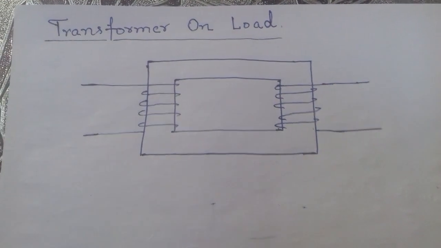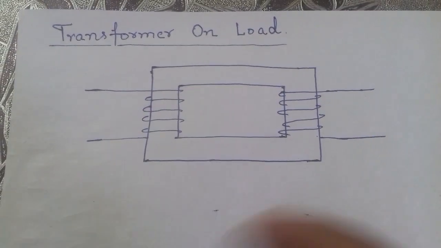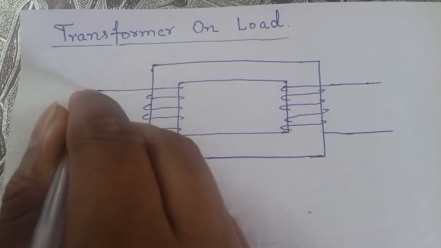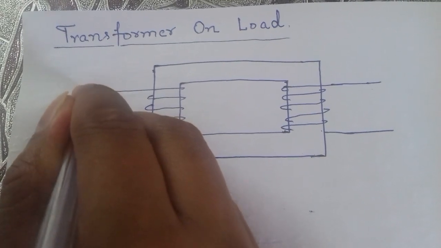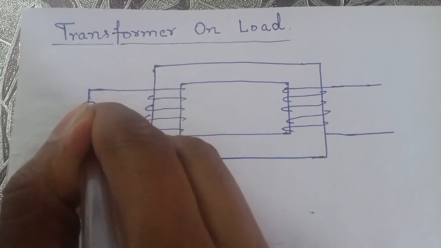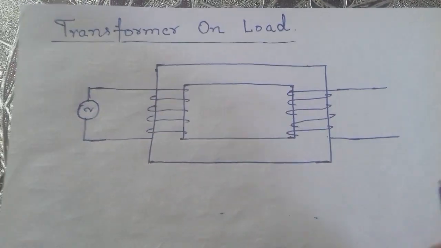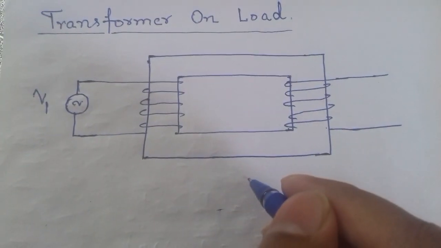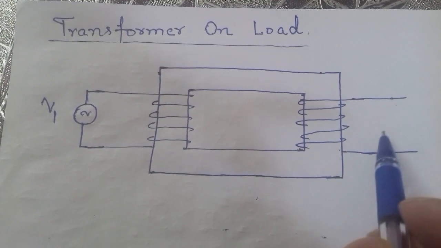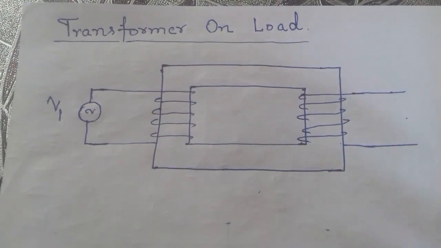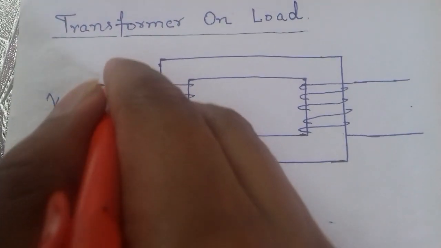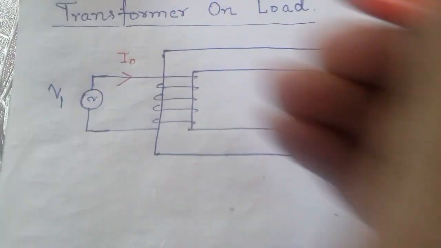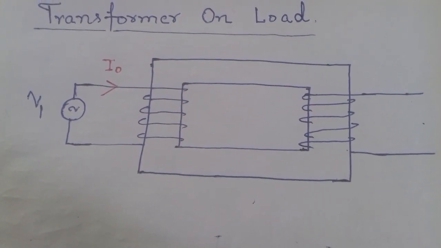First we will analyze what happens when the transformer is on no load. When an alternating voltage V1 is applied to the primary of the transformer, then as the transformer is on no load, it will draw a no load current I0 which flows in the primary.